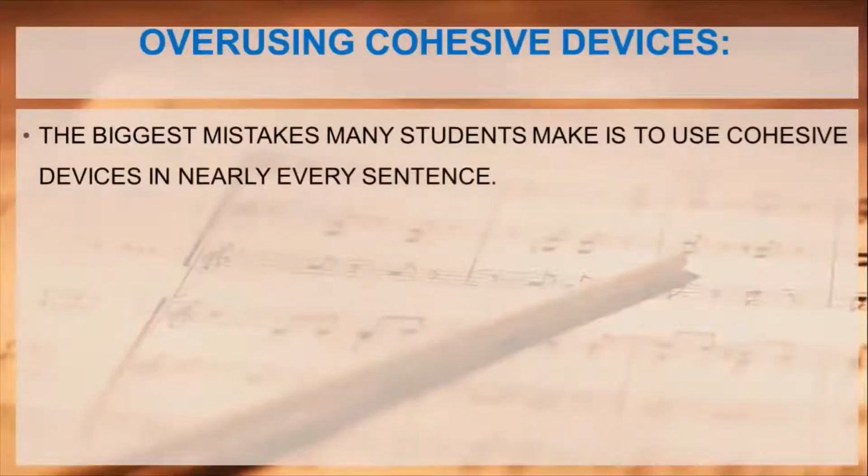The biggest mistake many students make is to use cohesive devices in nearly every sentence. Some people study different types of linking phrases as well as linking words from different websites, and they are so adamant that they need to use everything they have learned in the essay, in a small essay. That leads to this problem, that is, overusage of cohesive devices.